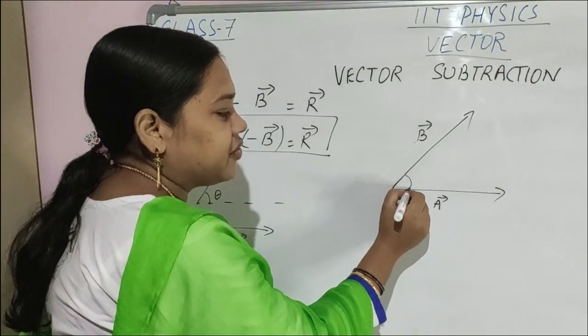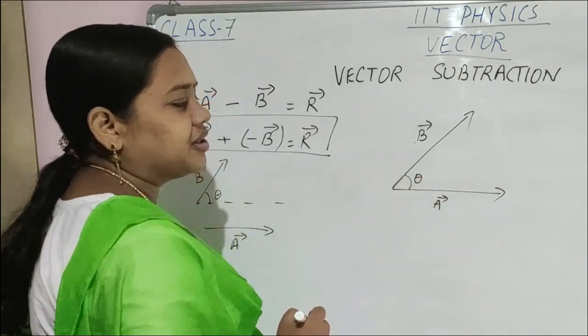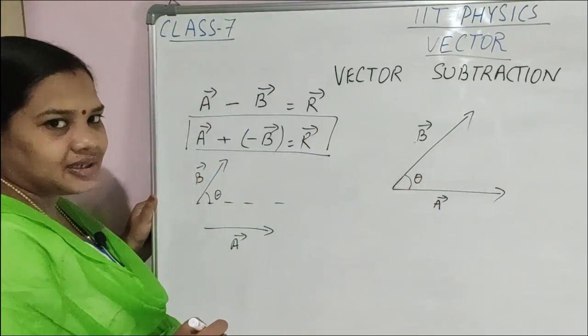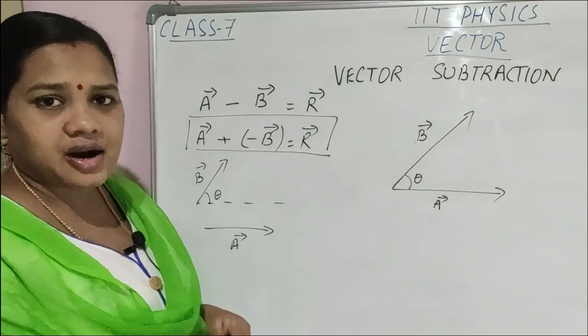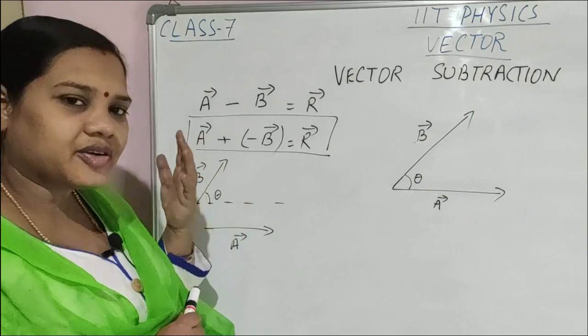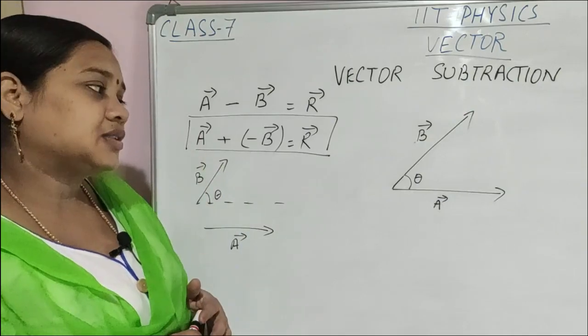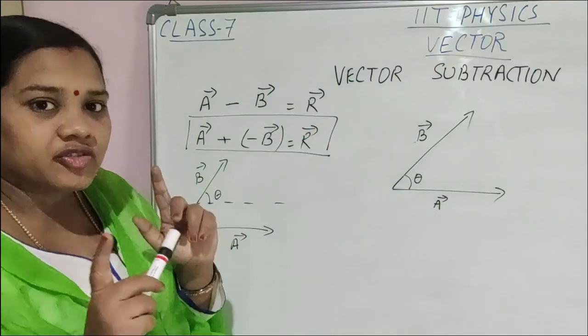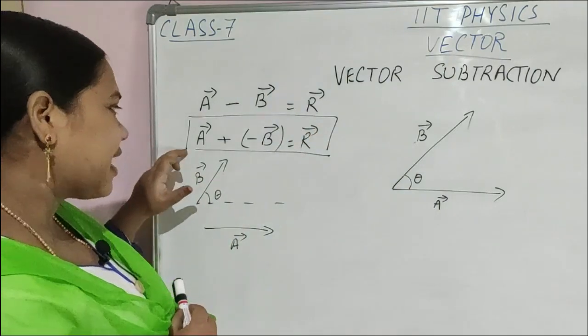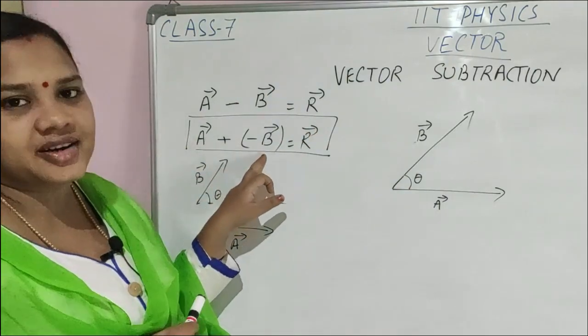What is the angle between them? The angle between them is theta. Clear? This is the picture we got, but this is not the final one because we are not going to add vector A and vector B. We are going to add vector A with the negative of vector B.